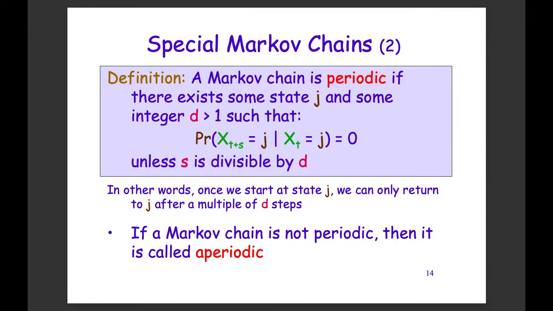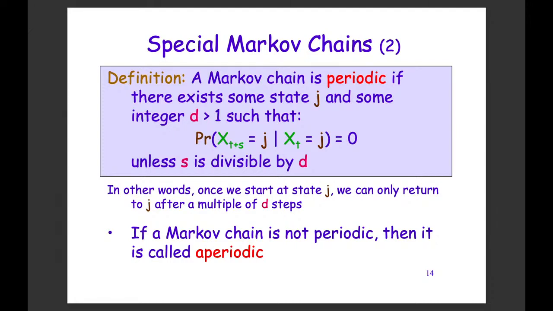Now the second one is called periodic. A Markov chain is called periodic if you can find some state. You don't need every state, you just need some state such that whenever this state can travel back to itself, it must be in some multiple of some number d, where d is greater than 1.